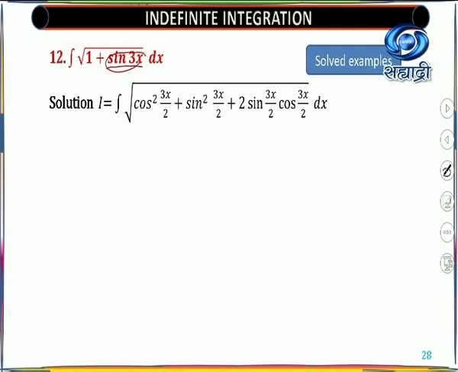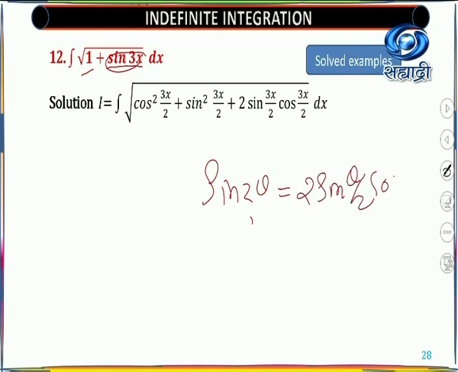The first technique we are going to use is in terms of trigonometry. Now look at here, this 1 is there, that means cos square plus sine square will decide the angle, because cos square plus sine square is 1. We will decide the angle from sine 3x. Now we know the sine 2 theta formula is 2 sine theta cos theta.